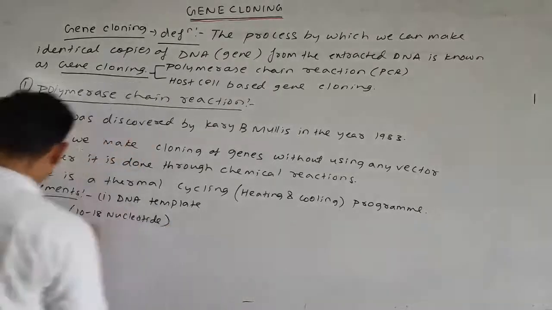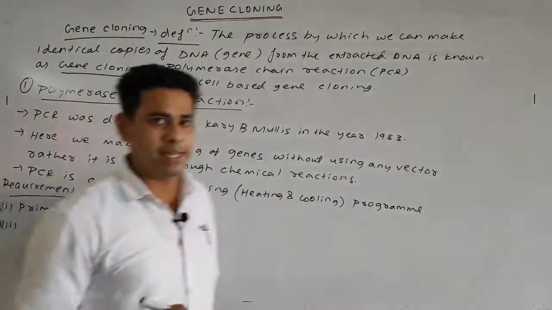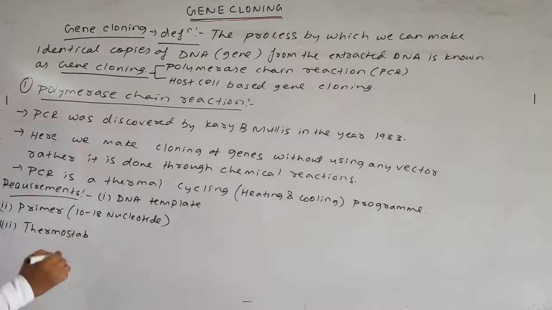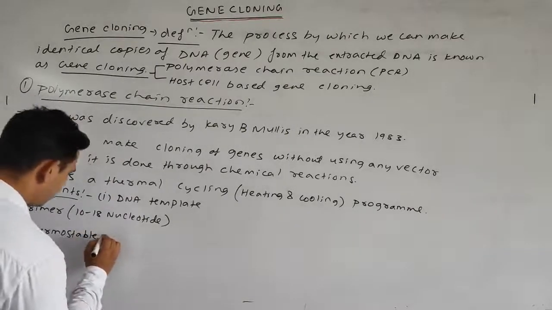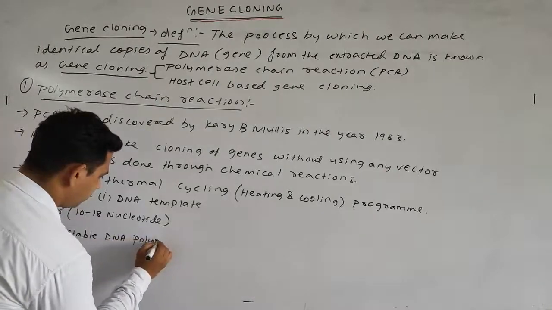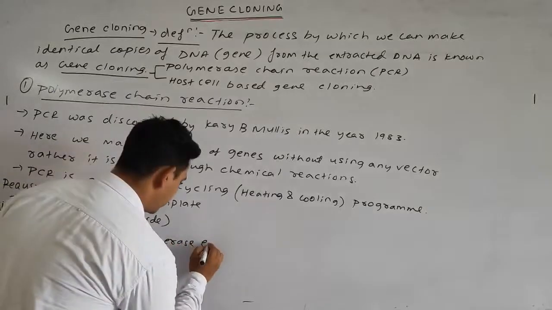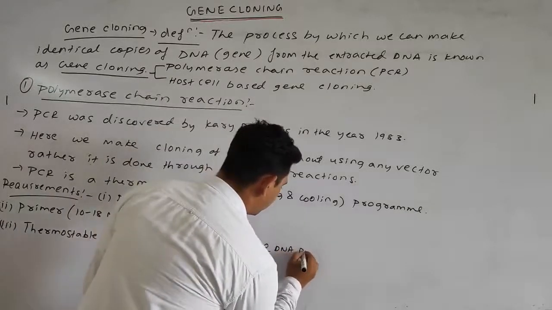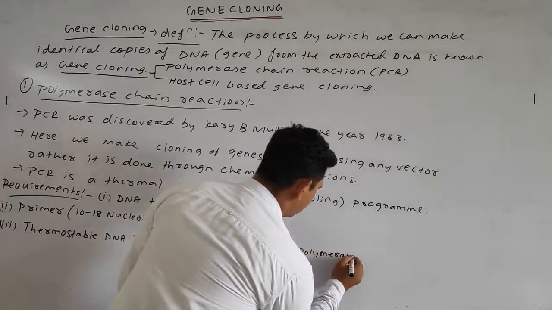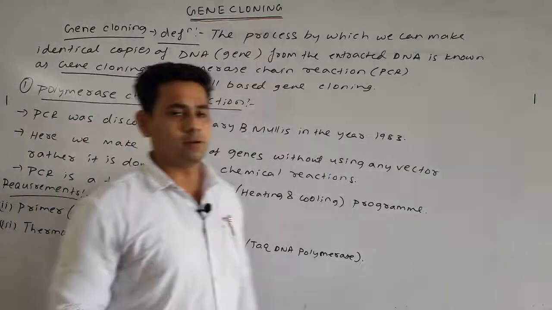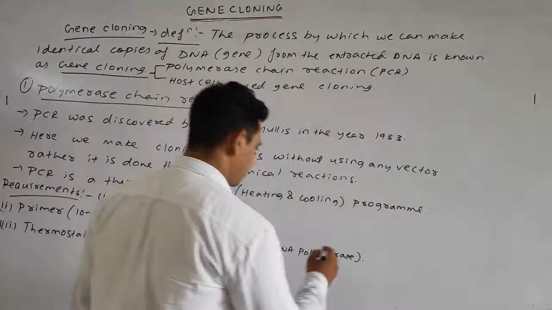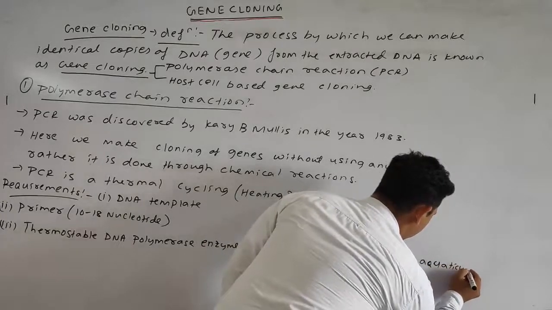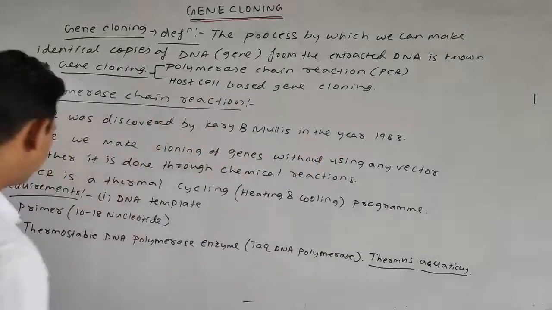Third is the thermostable DNA polymerase enzyme, or Taq DNA polymerase enzyme, which is extracted from the bacterium having the scientific name Thermus aquaticus.